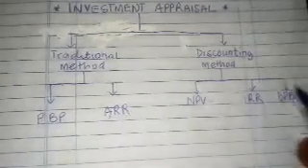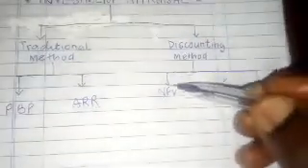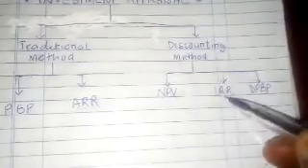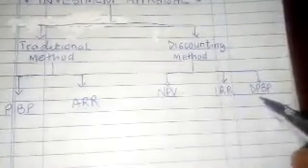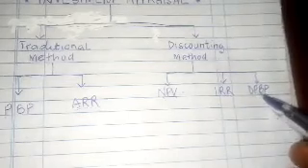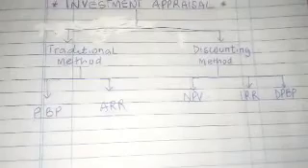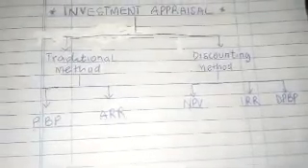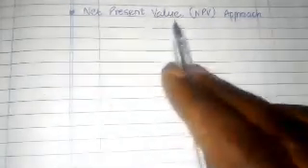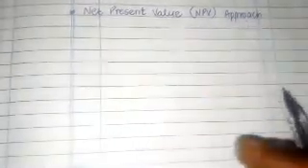Under the discounting approach we have the net present value approach, the internal rate of return, or the discounting payback period. Hope you understand that. So let us look at the net present value approach.